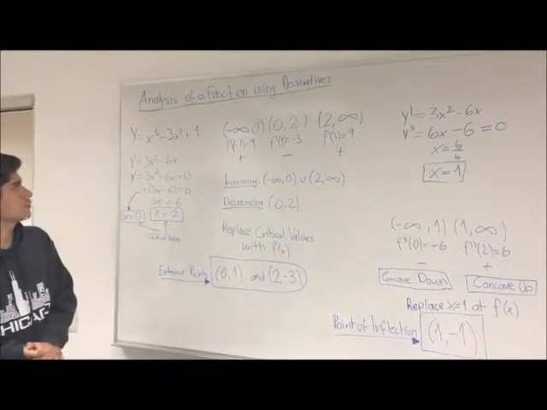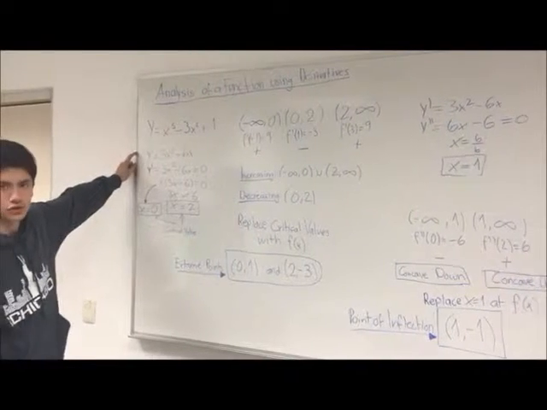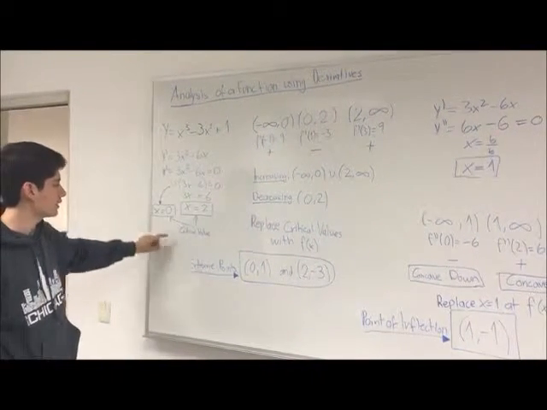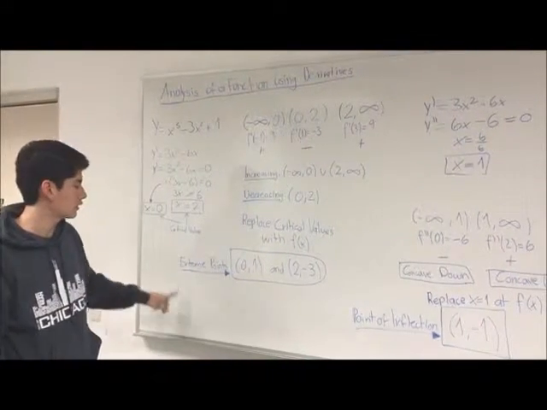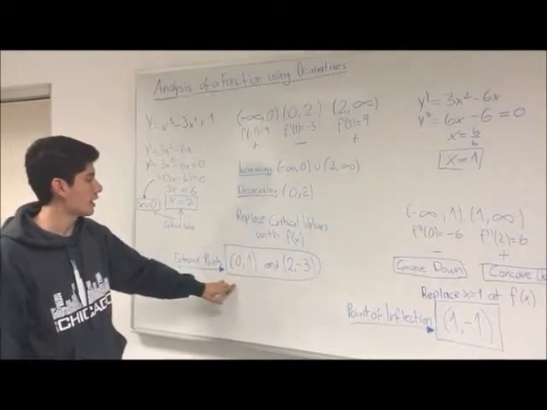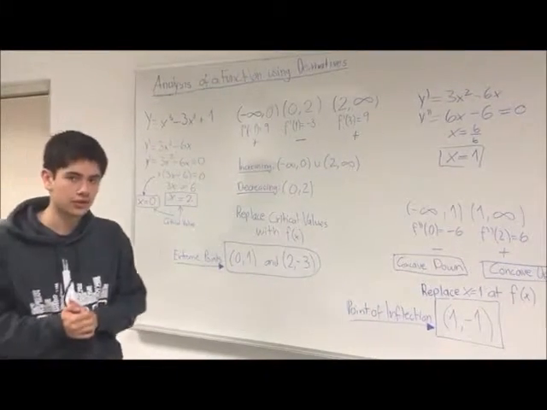To analyze a function using derivatives, we need to take the derivative of a function, and from that derivative we can take the critical points. The critical points are also the local or extreme points in the function, the x points. To get the y point, you need to substitute the critical value in the original function.